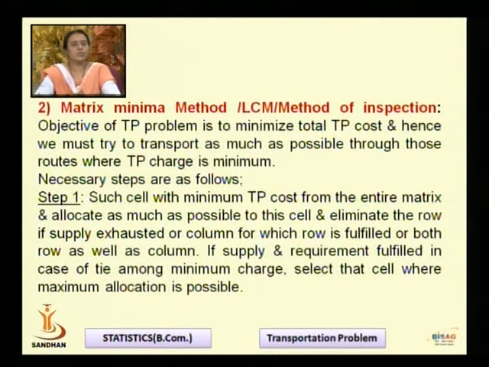Select the cell with minimum TP cost from the entire matrix and allocate as much as possible to this cell, and eliminate the row if supply is exhausted or the column if requirement is fulfilled, or both row as well as column if supply and requirement are fulfilled. In the case of a tie among minimum charges, select the cell where maximum allocation is possible.